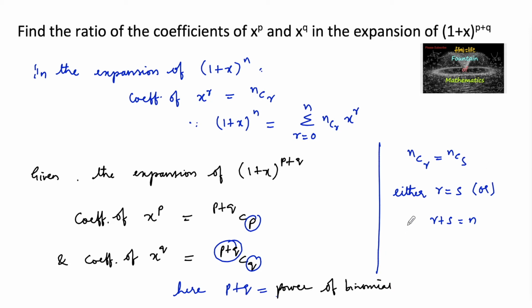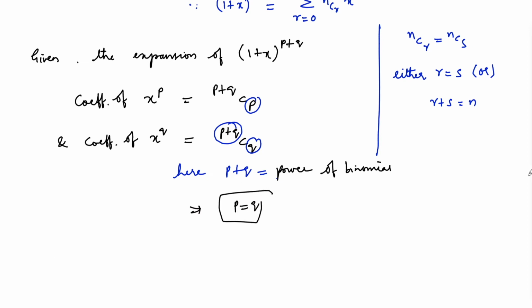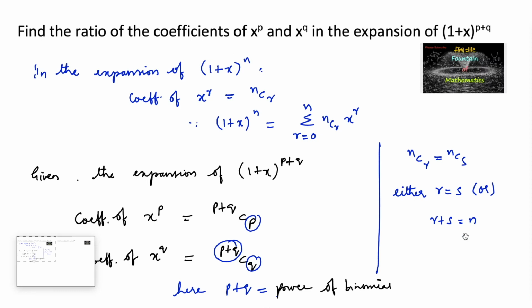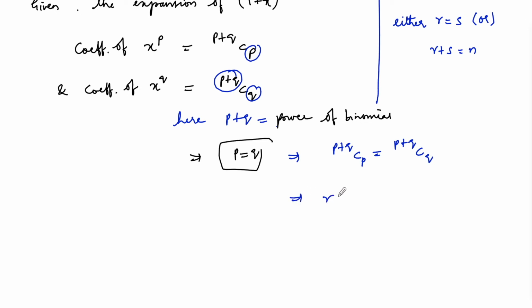So according to the question, (p+q)Cp is equal to (p+q)Cq. Therefore, the ratio will be 1:1.